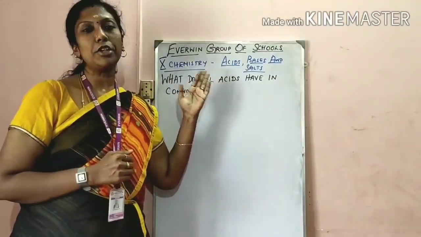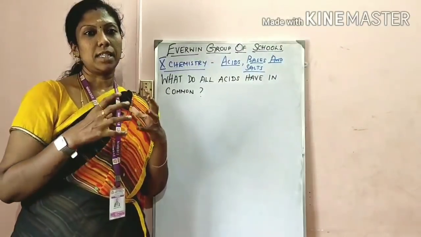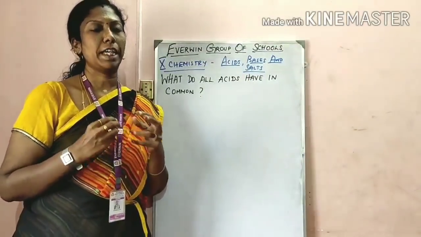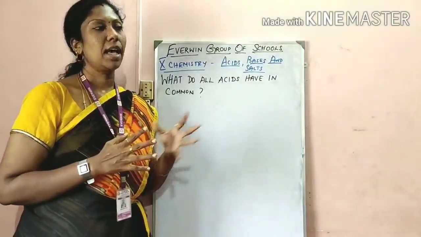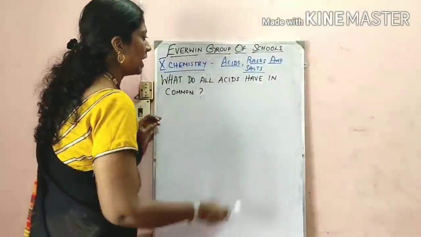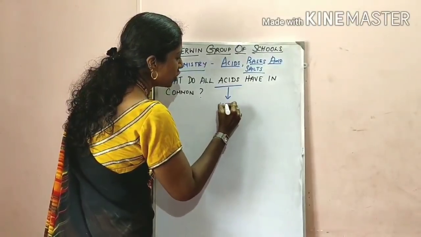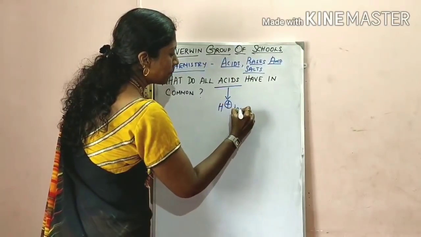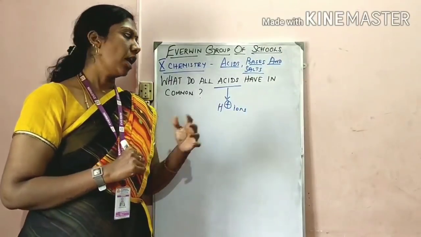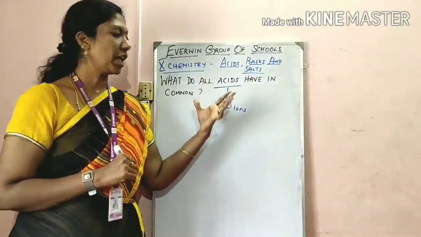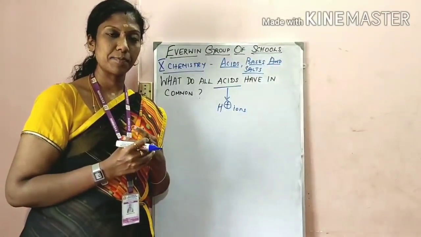When I gave the introduction to acids, I told you that acids are substances which give out excess H plus ions when dissolved in water. Yes, an acid can be defined as a compound which gives out H plus ions when dissolved in water.